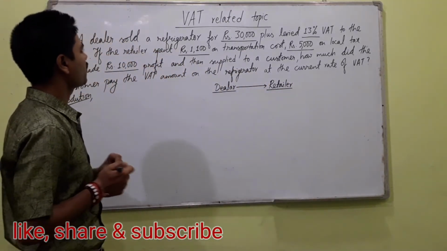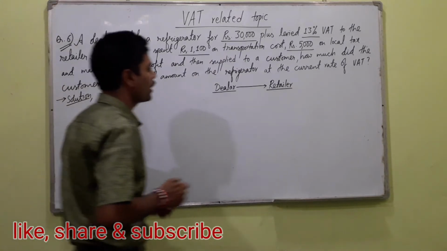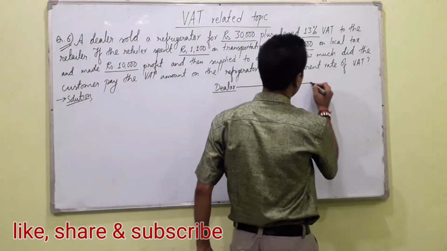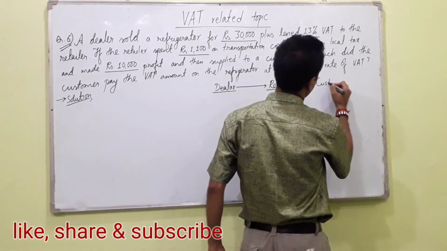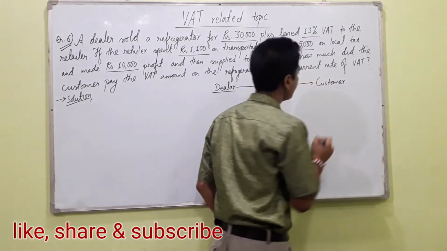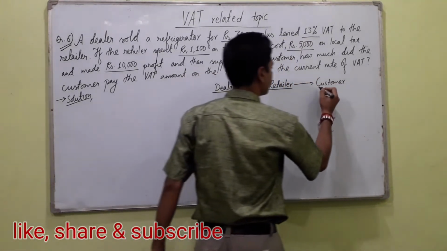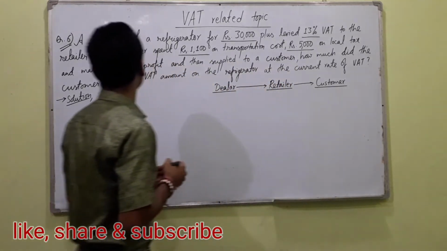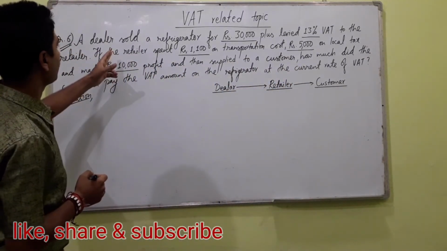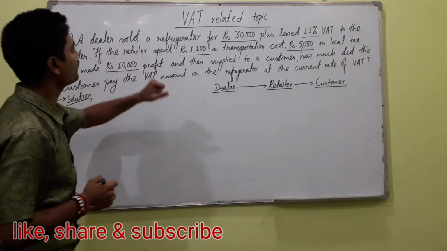He might have kept 3 or 4 refrigerators at his shop, and a customer goes to the shop and buys. So there are key persons involved in this question.